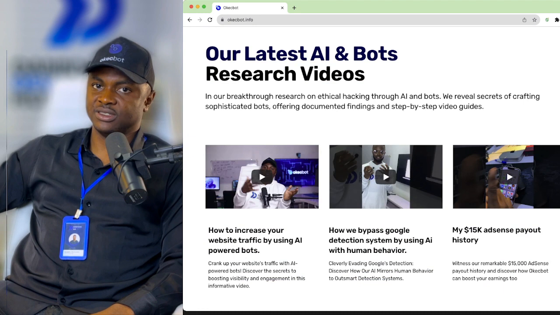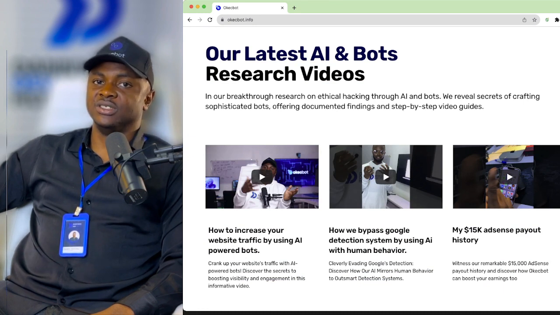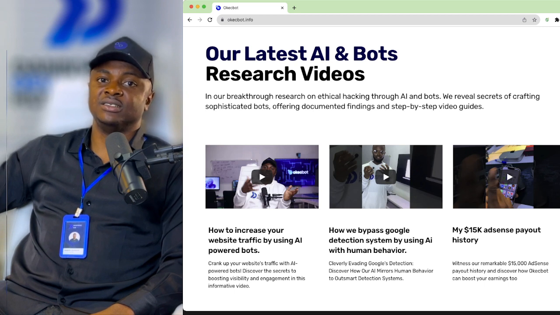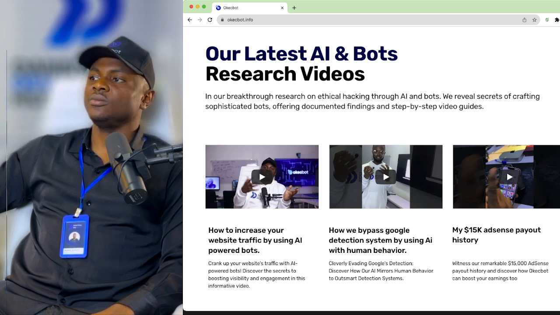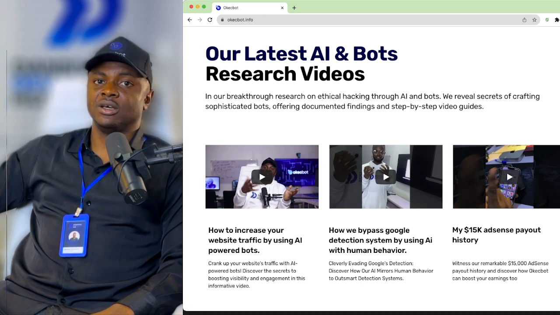The problem with this is that lots of people might abuse it, and this is officially a disclaimer. OkecBot does not in any way facilitate or encourage going against Google's terms of service. We do not encourage anybody to use this software for financial gain.